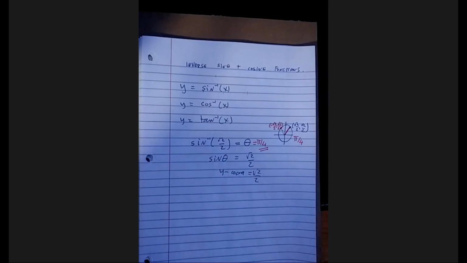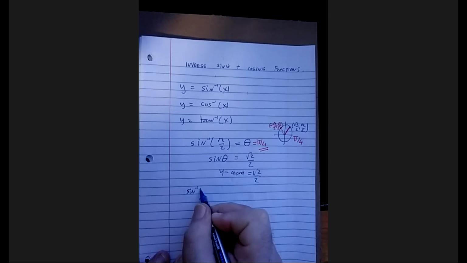So what you have to remember when you're doing inverse sine, cosine, or tangent is that you're only allowed to write down one answer, and that answer has to belong to the correct quadrant.